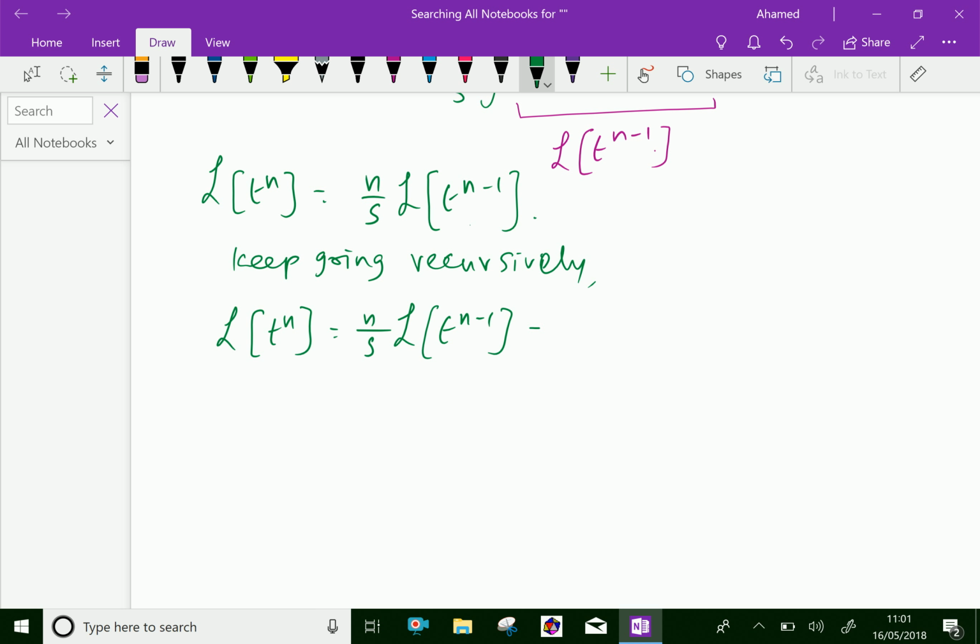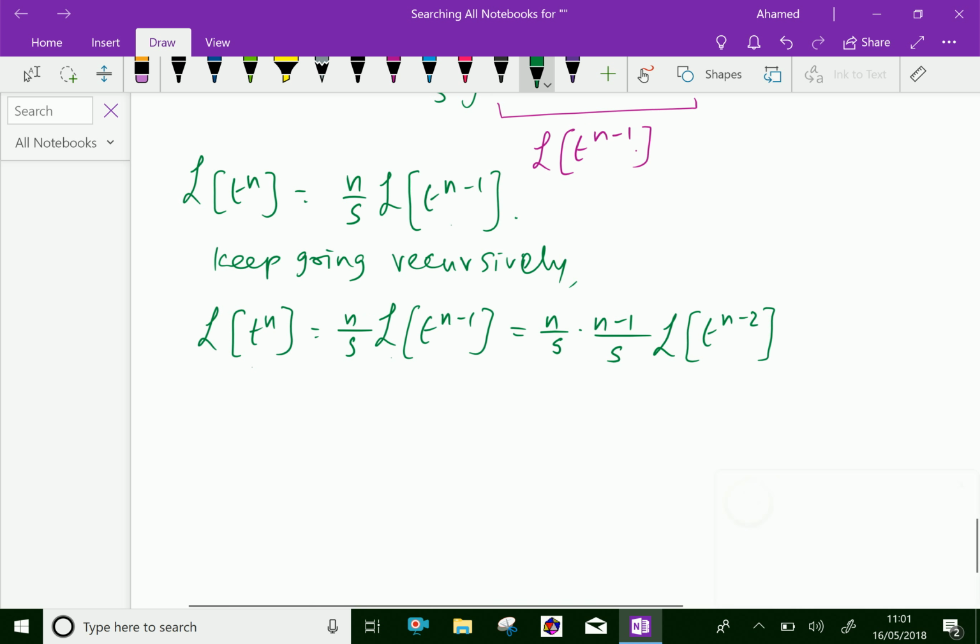Going recursively, we get n over s into n minus 1 over s into Laplace transform of t power n minus 2.